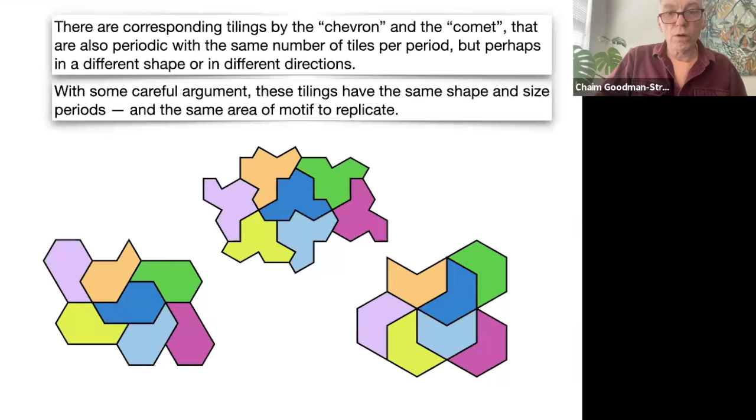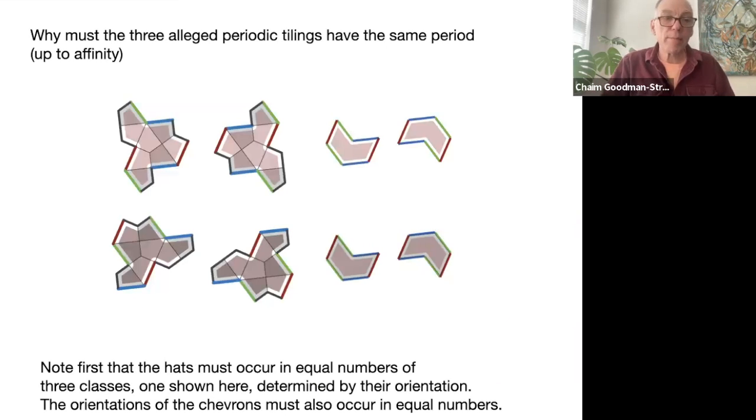But with some careful argument, and let me try to sketch that, they actually have to have the same period, at least up to scaling and rotation. And basically the point is this: if we look closely, any given hat is divided into these kite shapes, and it has two pairs that occur twice and the others occur only once. So in order to have that work out, you have to have equal numbers of hats in every possible orientation. Simply because there's the same number of kites in every orientation, you have to have the same number of hats in every orientation, which means you have to have the same number of chevrons in every orientation as well.